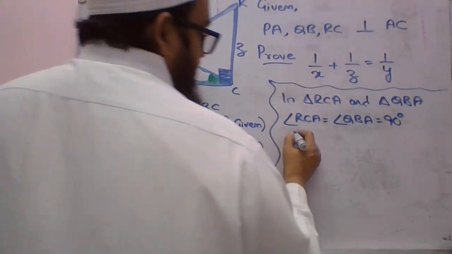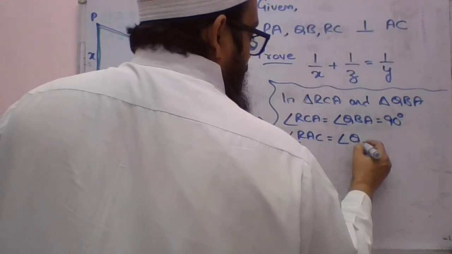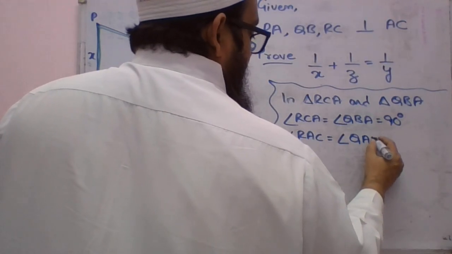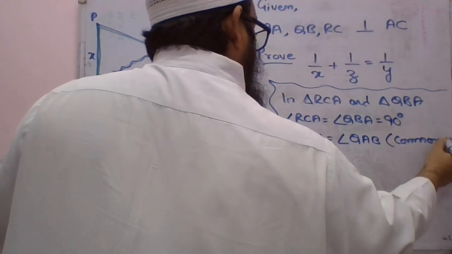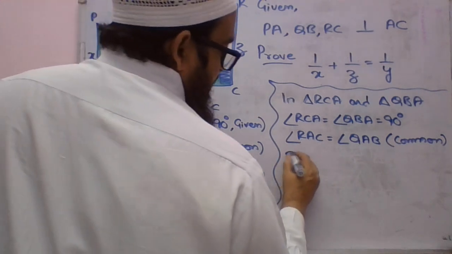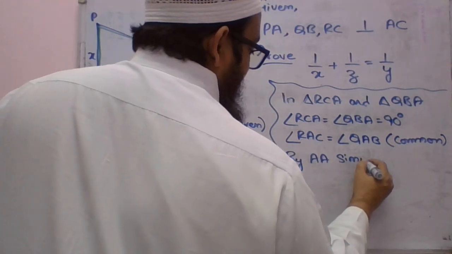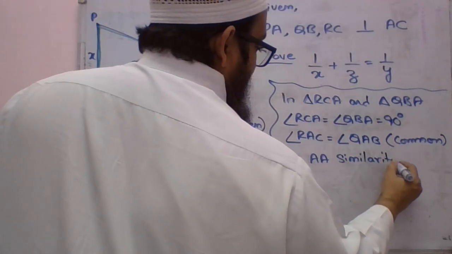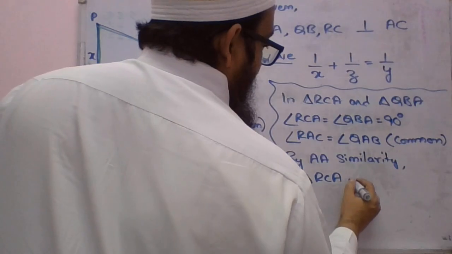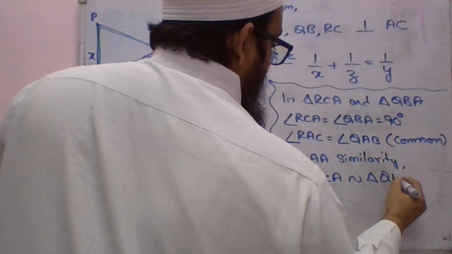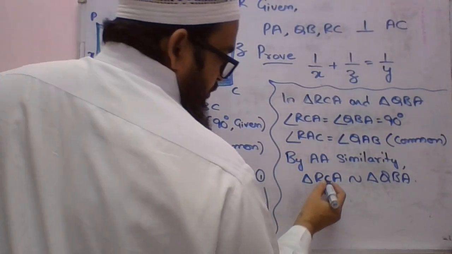So I'll write it as angle RAC is equal to angle QAB. So common. Since two angles are equal, by AA similarity, triangle RCA is similar to triangle QBA. And once they are similar, what can I write?